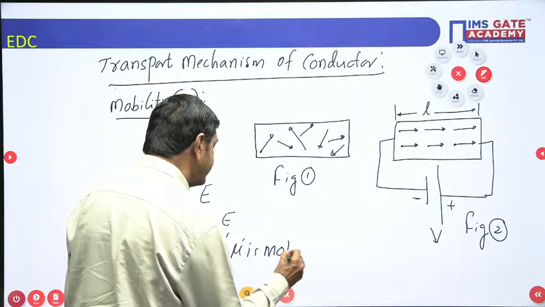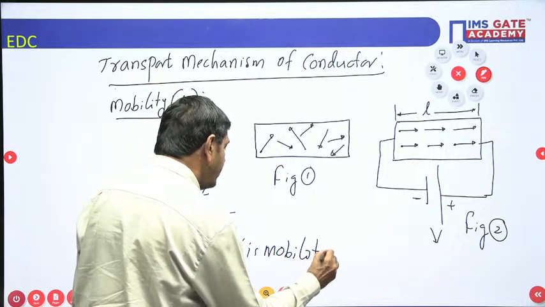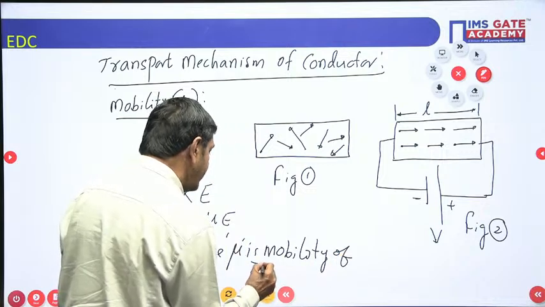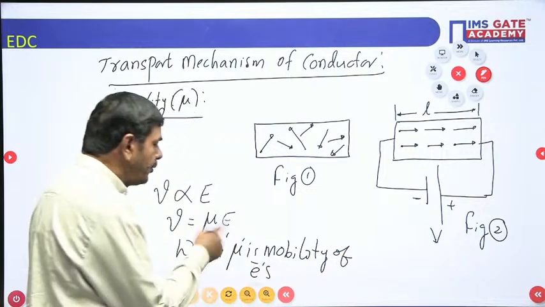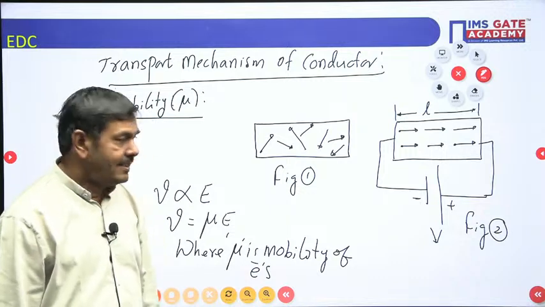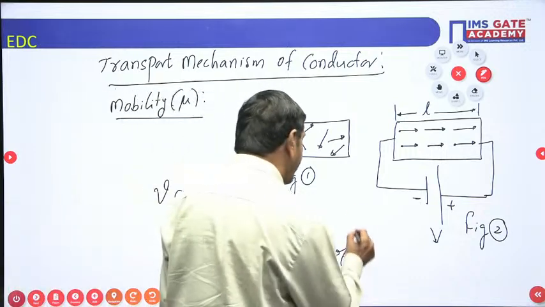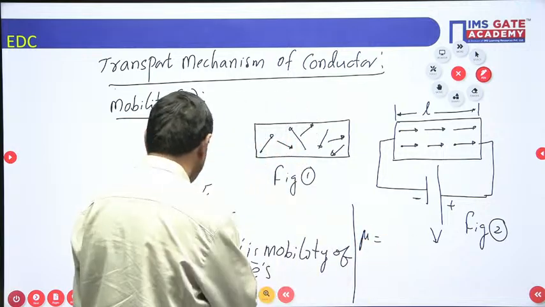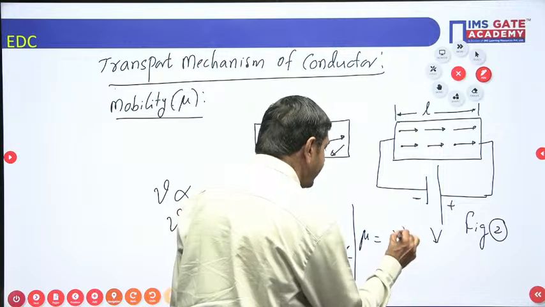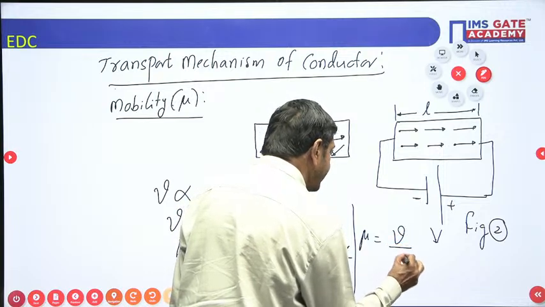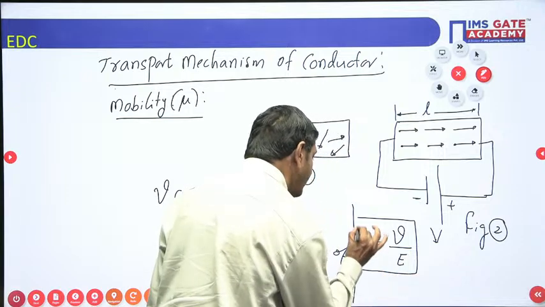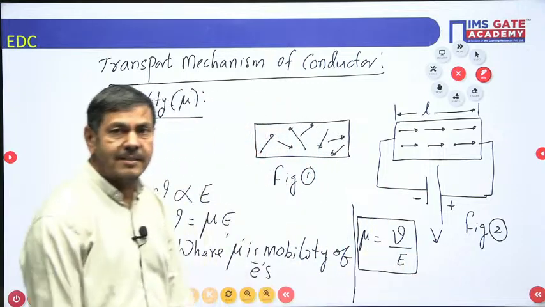This is required. Mu is the mobility of electrons only. So finally, if you want to find the mobility of electron, the mu value, you must use V by E: drift velocity by electric field intensity. This is the formula you must know to find out the mobility of electrons.